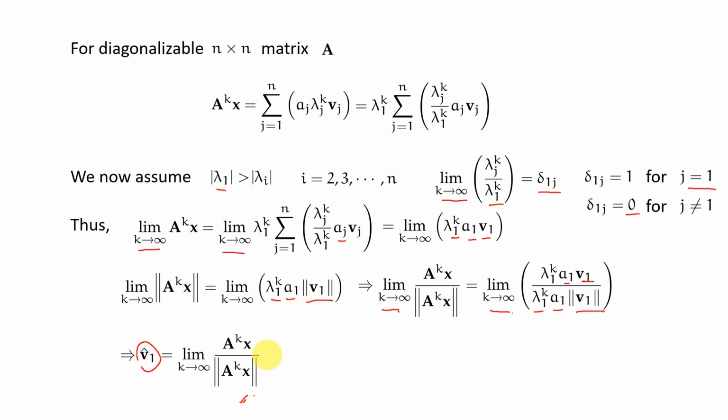So it clearly tells us that if I take an arbitrary vector x and I do this multiplication A to the power k x, then for large enough k, this A to the power k x divided by the norm of A to the power k x will be a unit vector, that is the eigenvector corresponding to lambda 1, which is the largest eigenvalue of matrix A. This is exactly what we were doing in power iteration. So this analysis proves the algorithm of power iteration.